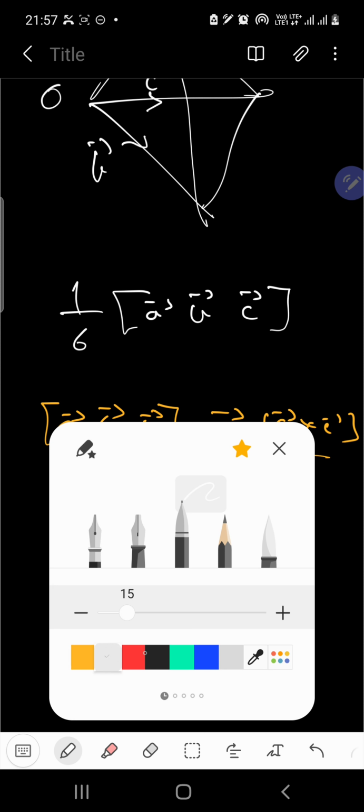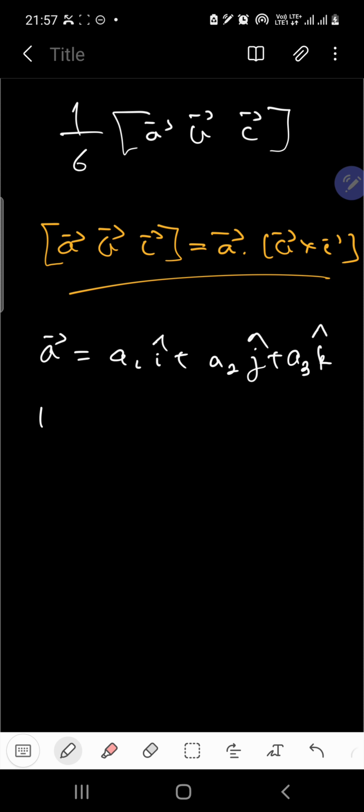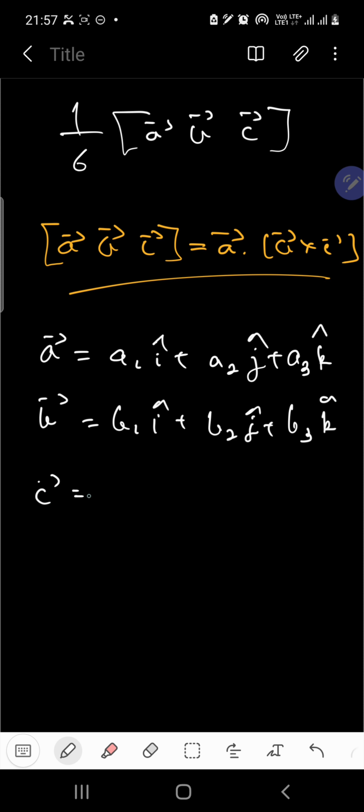Clear? Got it? How to find the scalar triple product in the form of components? Basically, if you are given, let's say, a vector equal to a1 i cap plus a2 j cap plus a3 k cap, b is given as b1 i cap plus b2 j cap plus b3 k cap, and c is given as c1 i cap plus c2 j cap plus c3 k cap.